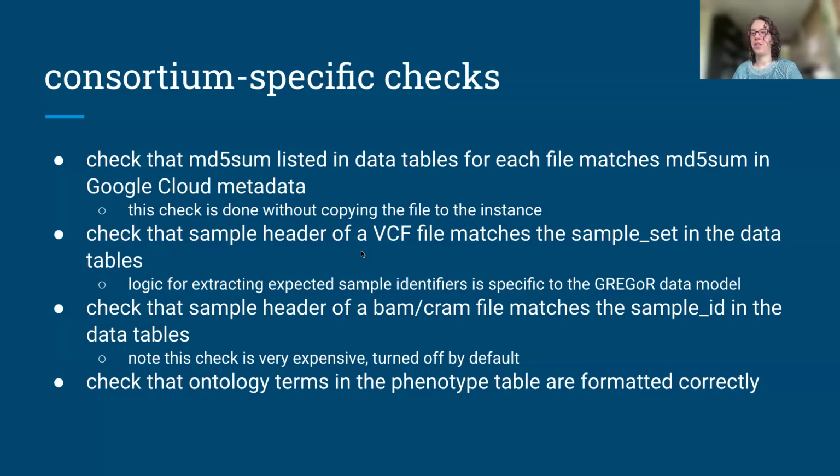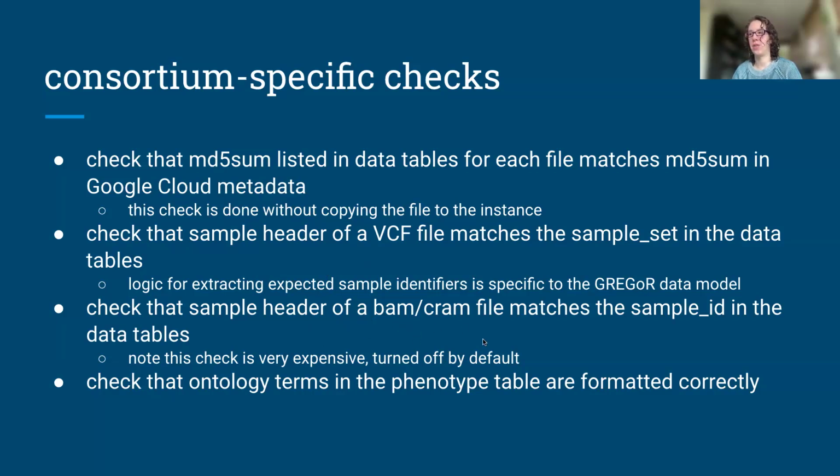For VCF files, it'll check that the header of the VCF file matches the sample set in the data tables. You can also check that the header of a BAM or CRAM file matches the sample ID in the data tables. Both of those checks require copying the file to the instance that the workflow is running on in order to do that check, so they're more expensive.